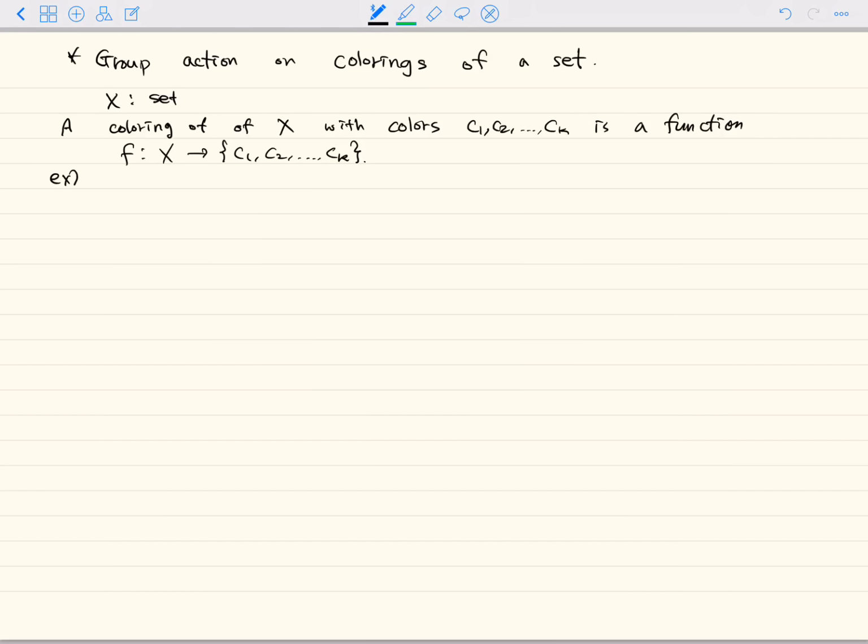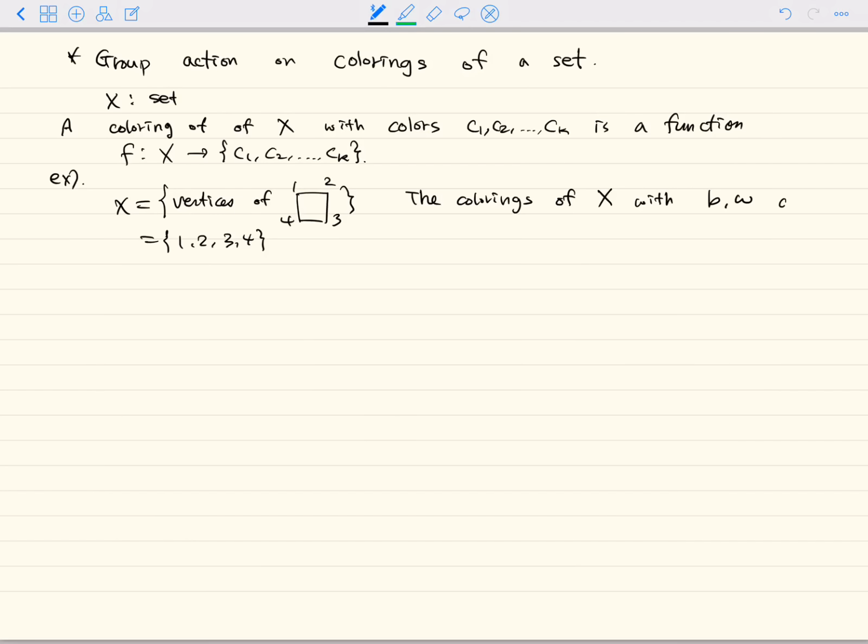So for example, X is the vertices of a square. So it's really just 1, 2, 3, 4 if we call the vertices 1, 2, 3, 4. And the colorings of X with colors, say black and white.